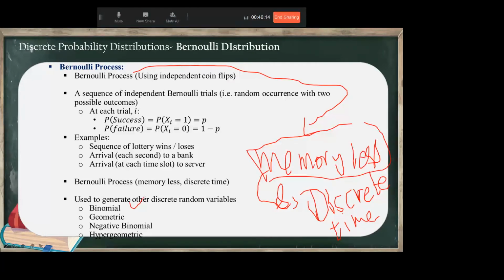You must know that binomial means the same as Bernoulli, but what's the difference between Bernoulli and binomial, we're going to talk about after the 5 minute break, and then what is geometric, what is negative binomial, what is hypergeometric. So today we will cover everything about binomial and Bernoulli, and then we will solve some examples as well.